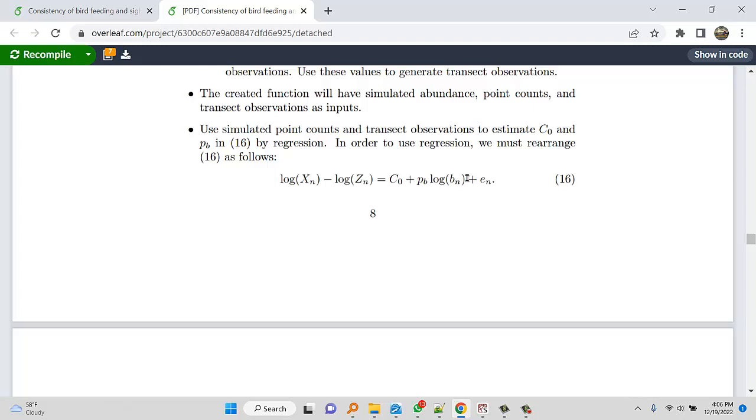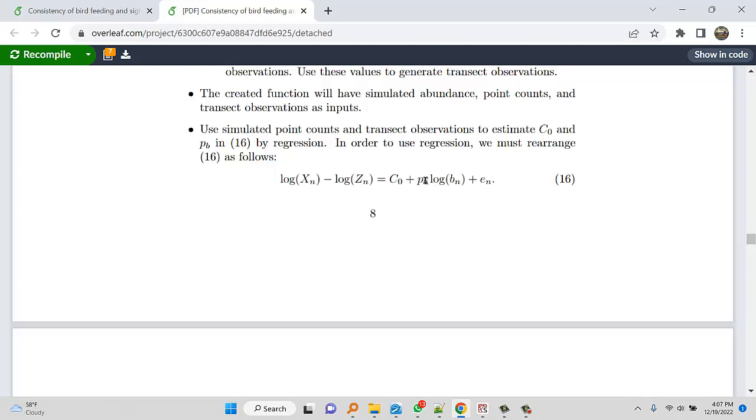Log of Bn, I know, these are the bird weights. The error term you do not put in the regression. The error term comes out of the regression. So using this as my dependent variable, and I do regression with intercept, and my independent variable is log Bn. I can estimate these two parameters C0 and PB by doing a regression.